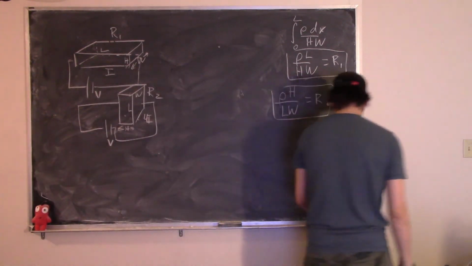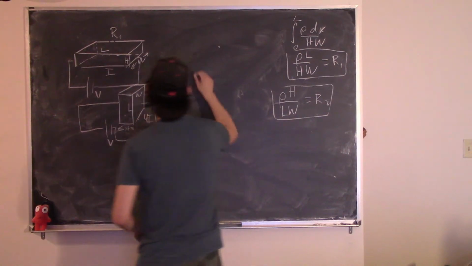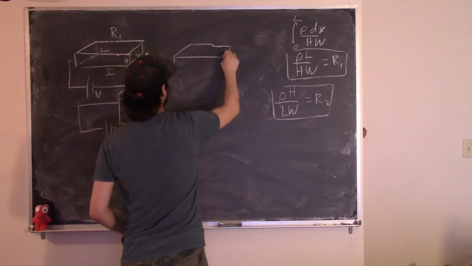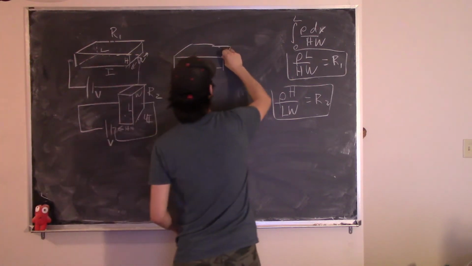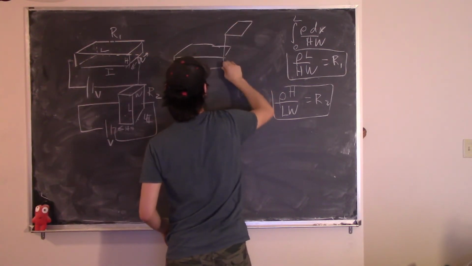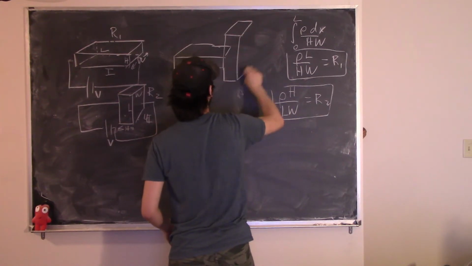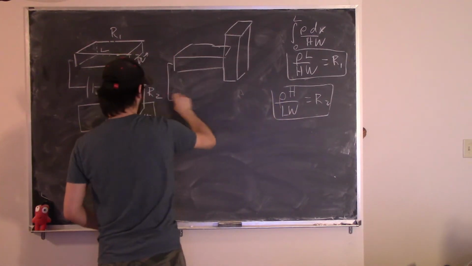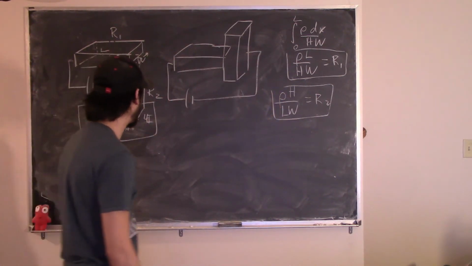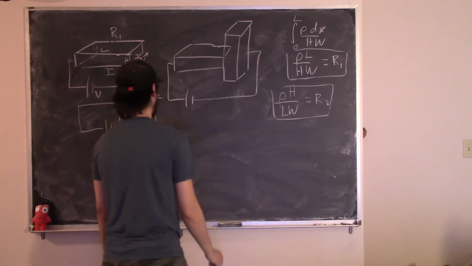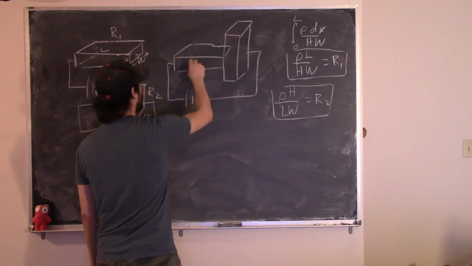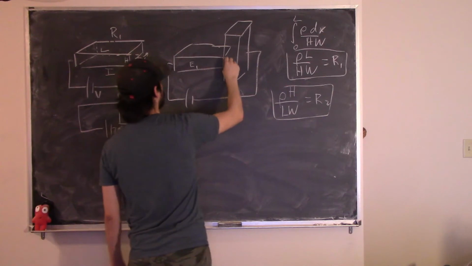If the two blocks are connected as shown, so we had this case. So we connect the blocks like this. And what we want to do is find what the electric field is in each one of these. So we want to find E1 and E2.